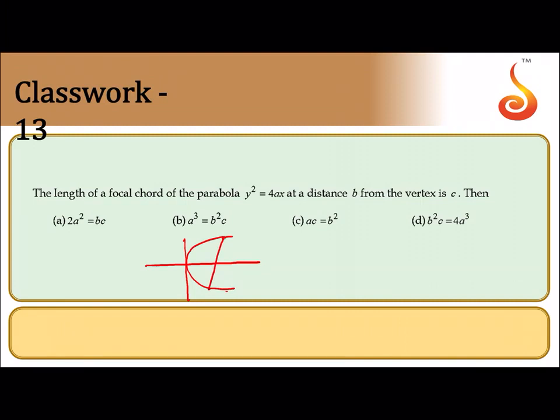This is a focal chord. So the length of focal chord of a parabola at a distance of b from the vertex, this length is equal to c. This distance b is given to you. Okay, the focus coordinates is a comma 0.